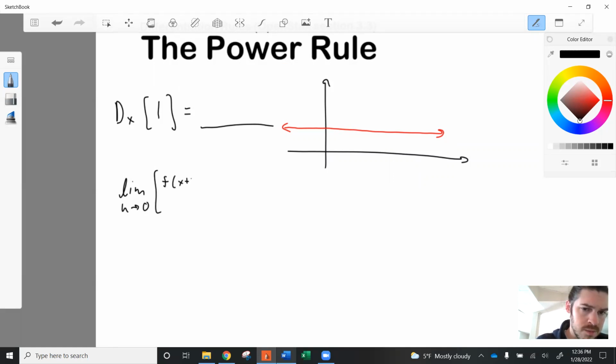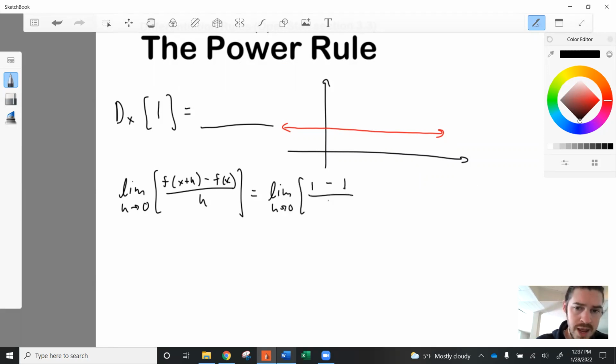Remember this? Well, in our case, if the function is just 1, it's just going to be the limit as h approaches 0 of 1 minus 1 over h. And this is just 0 over h. It's 0. It's always 0.